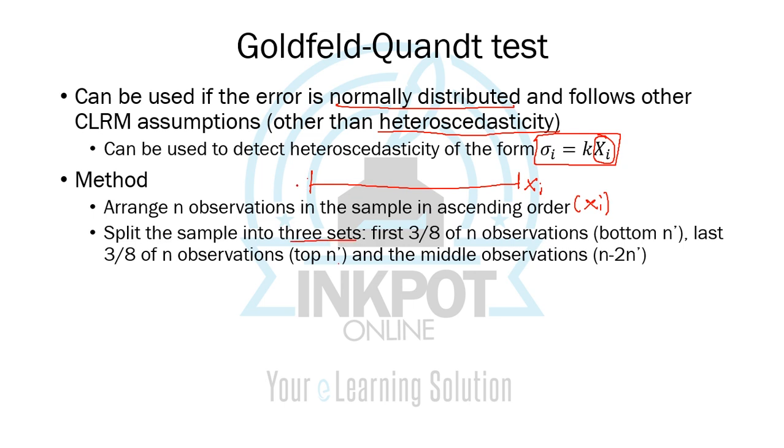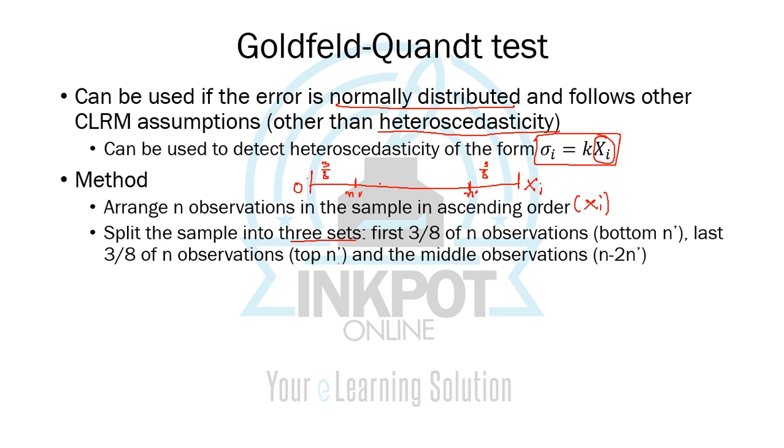So the first 3/8, I'll call this n prime. Another 3/8 here, I'll call them n prime. So basically we have taken n prime. So the bottom n prime represents 3/8 of the sample. Likewise, the top n prime represents the top 3/8 of the sample. So 3/8, 3/8.